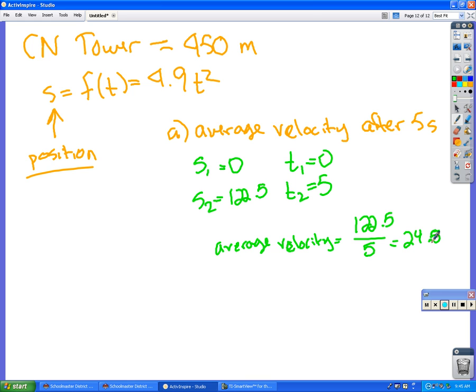Now let's find the instantaneous velocity when it hits the ground. And since we're talking about instantaneous velocity, we need to do the limit thing. So the instantaneous velocity is the limit as h approaches 0, just like the other ones.